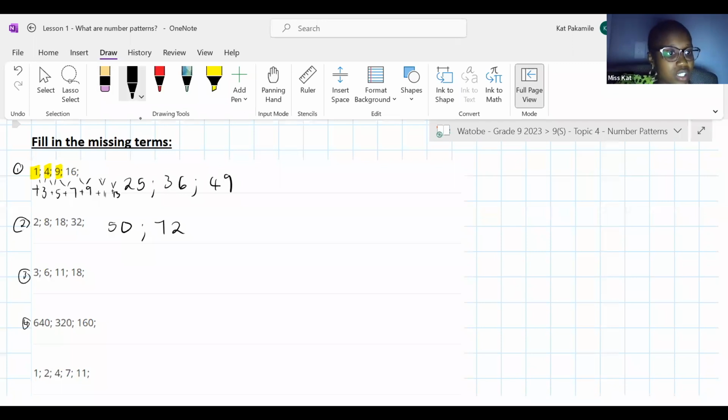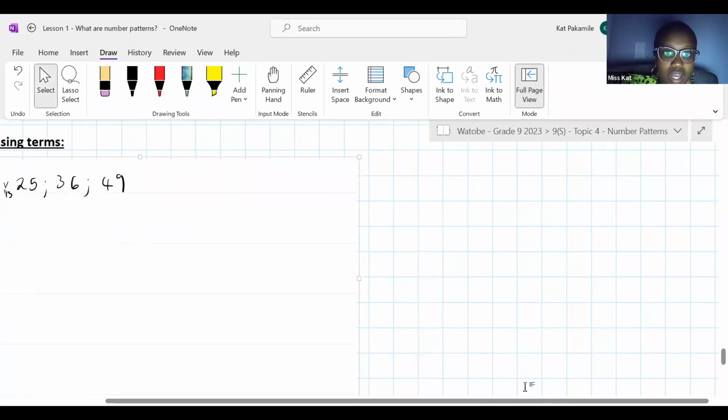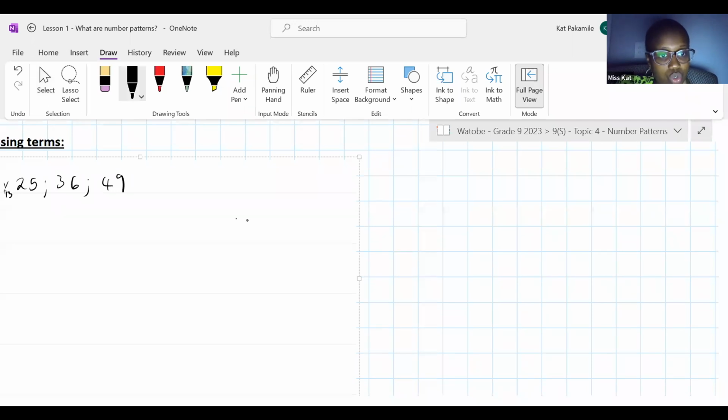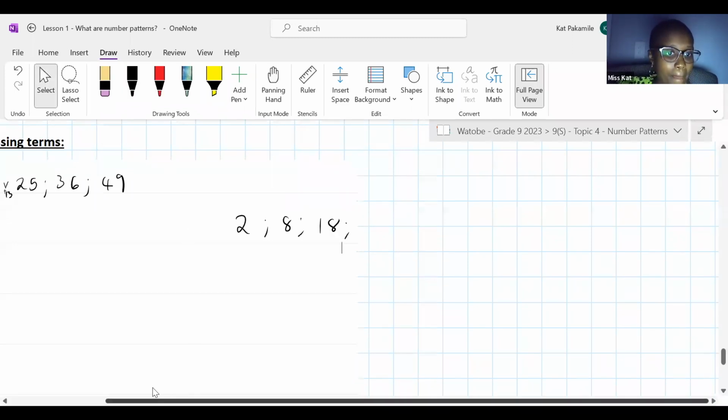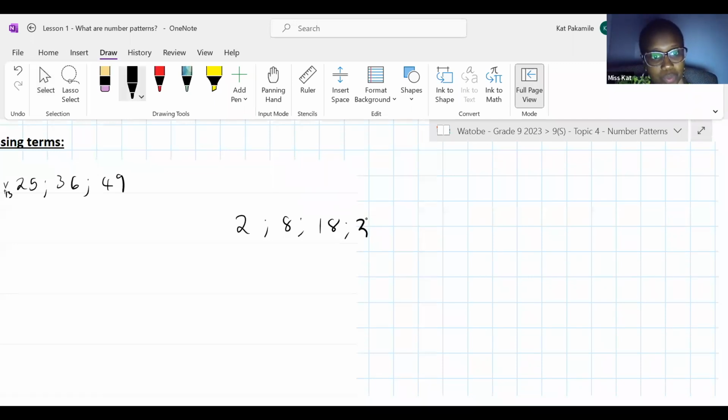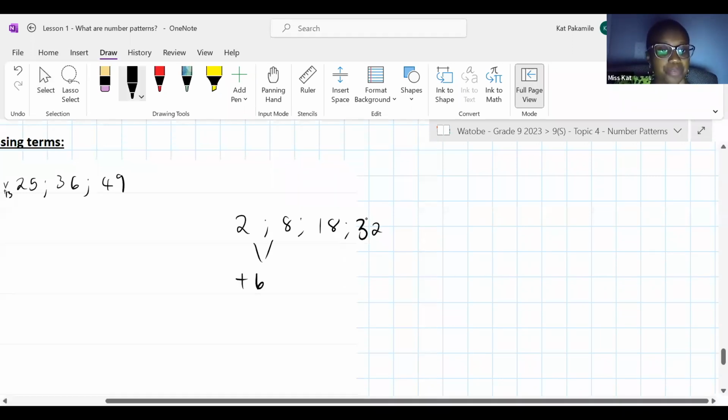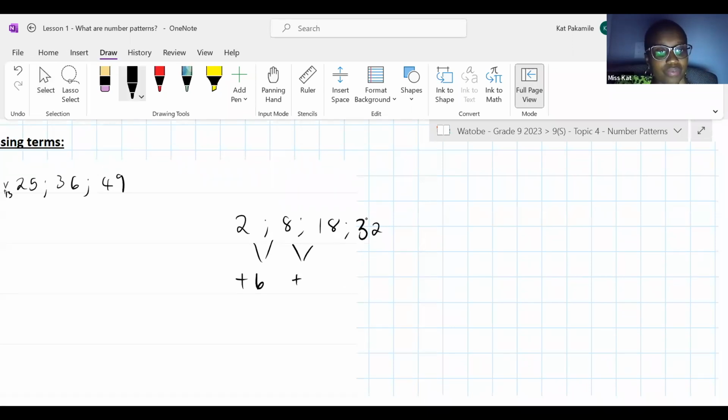So I need to write on the side because there's no space over there. We said to get from 2 to 8 to 18 to, what is the next term? 32. So from 2 to 8, you add 6, right? From 8 to 18, you add 10.